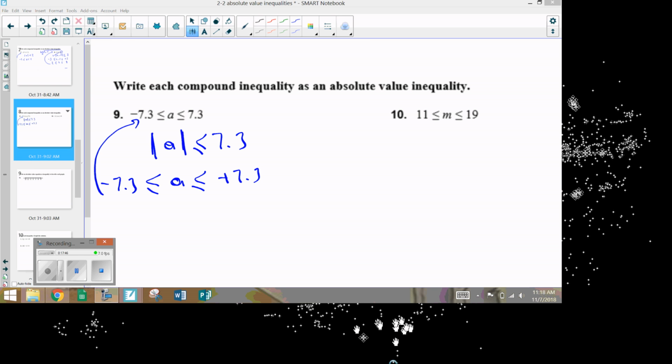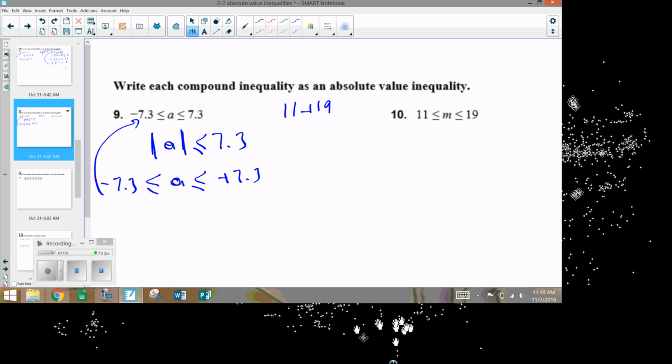Now, what was the rule? Take the average of the numbers. 11 plus 19 divided by 2. 30 divided by 2. 15. Put 15 in the absolute value as negative. And what is the sign? Copy the sign.